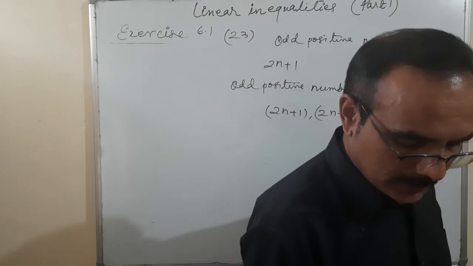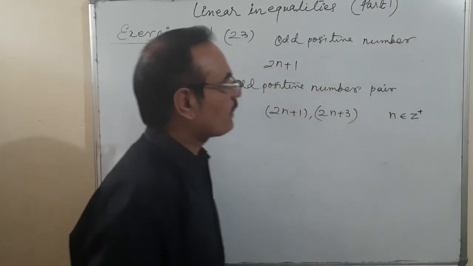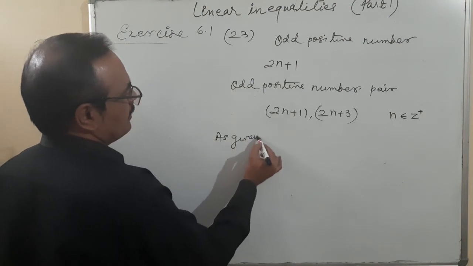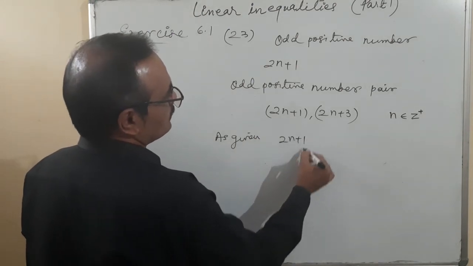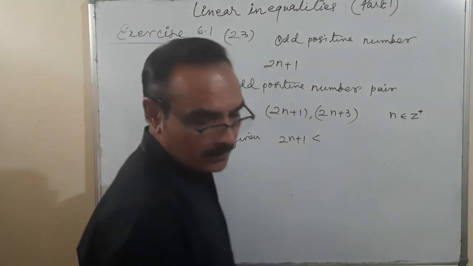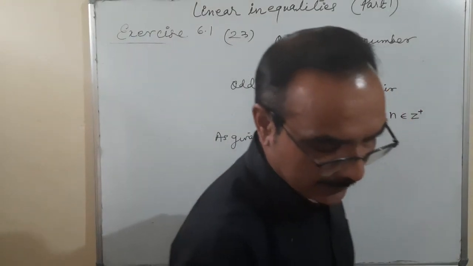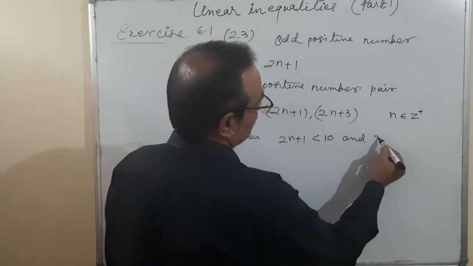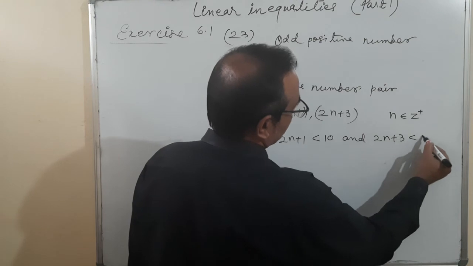Both of which are smaller than 10. So as given, 2n plus 1 is smaller than 10, and 2n plus 3 is smaller than 10.